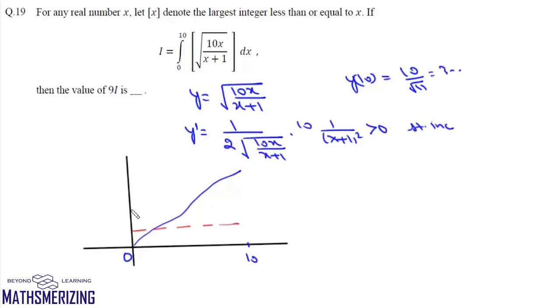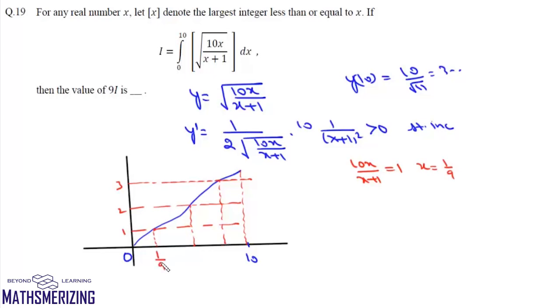So we have integer points at 1, 2 and 3. Now first we'll find these points of intersection. This point is when the value of this function is 1. So if we take this as 1, we'll get 10x upon x plus 1 equal to 1. So the value of x here is 1 by 9.